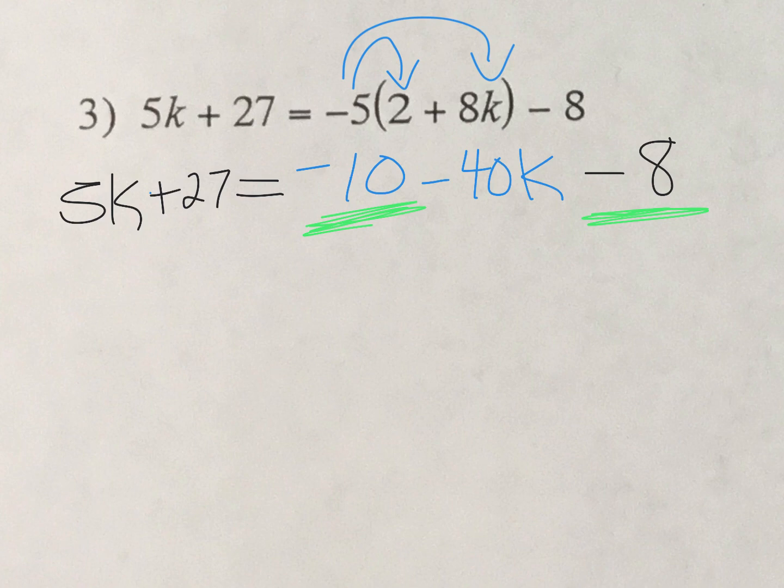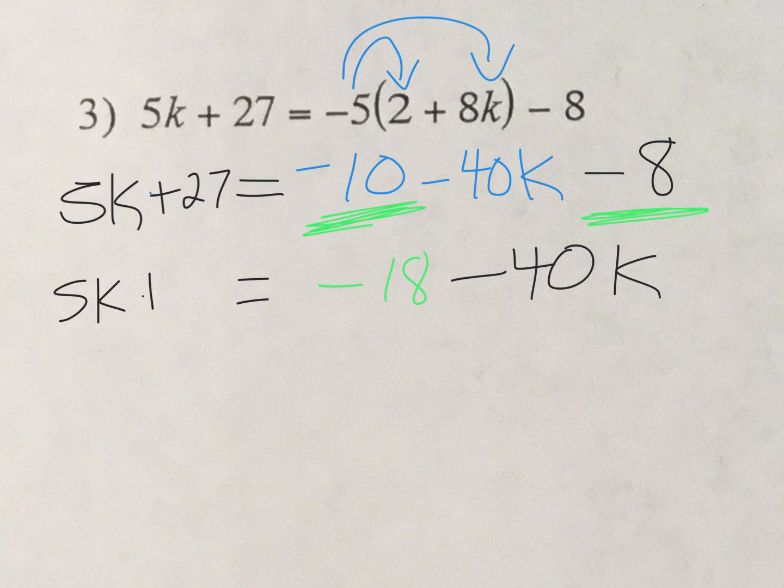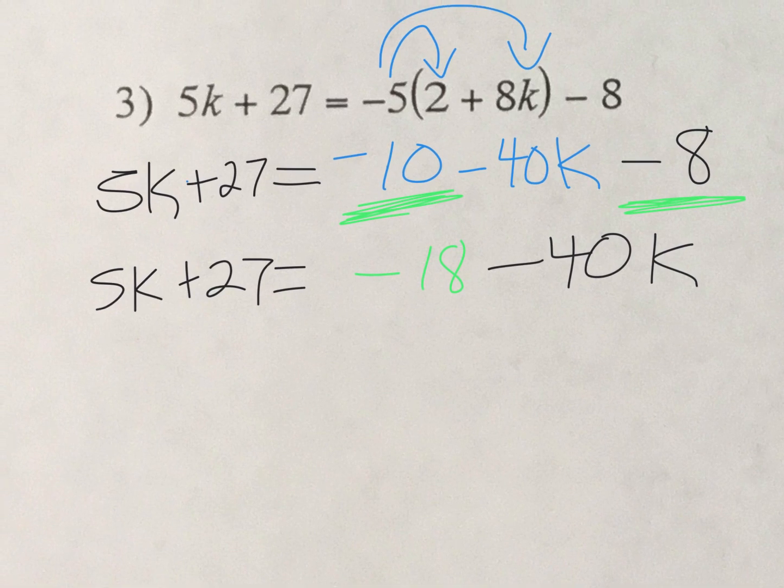So negative 10 minus 8 is negative 18. I can't combine negative 18 and a minus 40k, so I'm just going to bring everything down now. I'm also going to bring down the left side of my equal sign because I can't do anything with a 5k plus 27 either because they're not like terms.